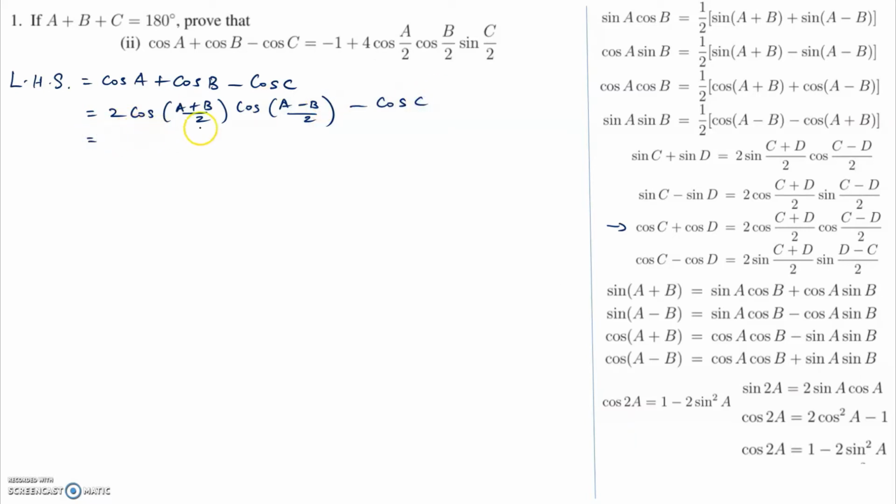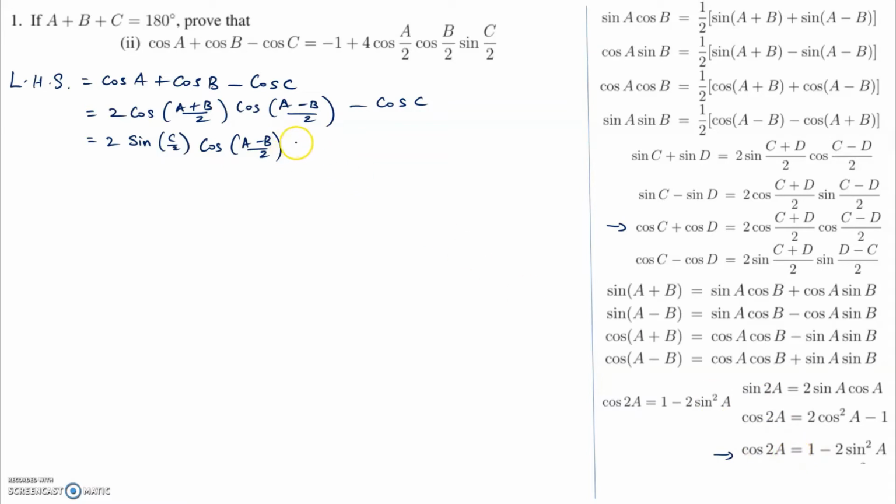Now cos (a plus b) by 2 is sin c by 2, so 2 times sin c by 2 cos (a minus b) by 2, and we can replace cos c using the formula here, taking a as c by 2.